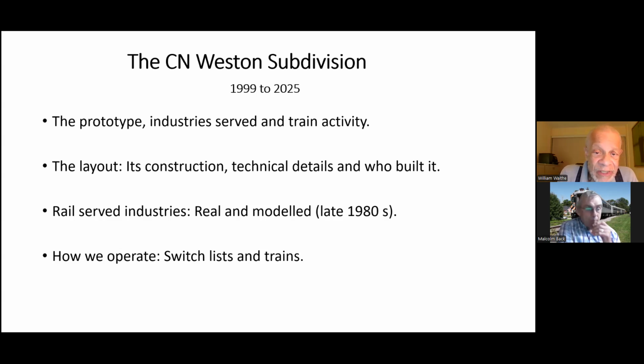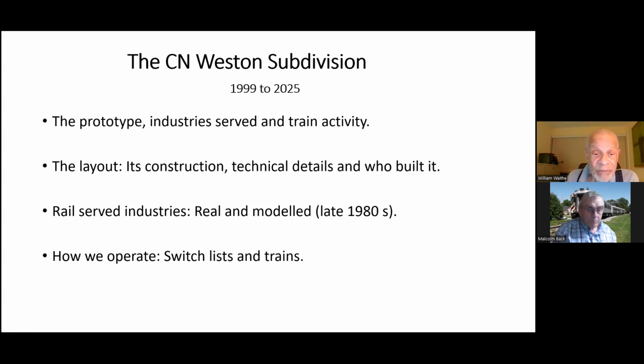So I'll be talking about how I first got started in prototype modeling and how I've adapted over time the present layout to be a bit more prototypical, and what I've learned about the prototypes over the 26 years.